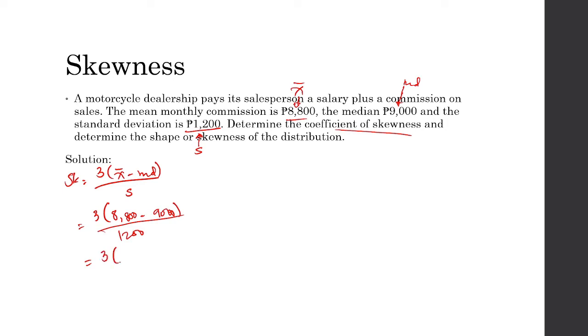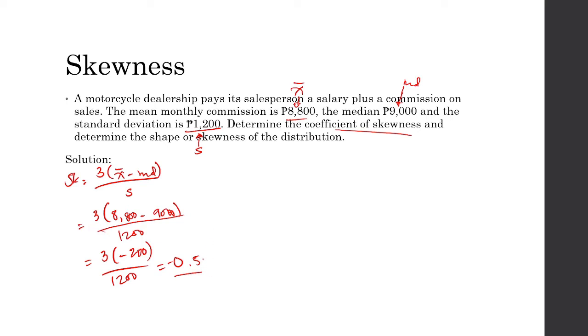So, we will have here 3 times negative 200 divided by 1,200. And if I'm not mistaken, this will be equal to negative 0.5 because we will have here negative 600 divided by 1,200. So we have there negative 0.5.